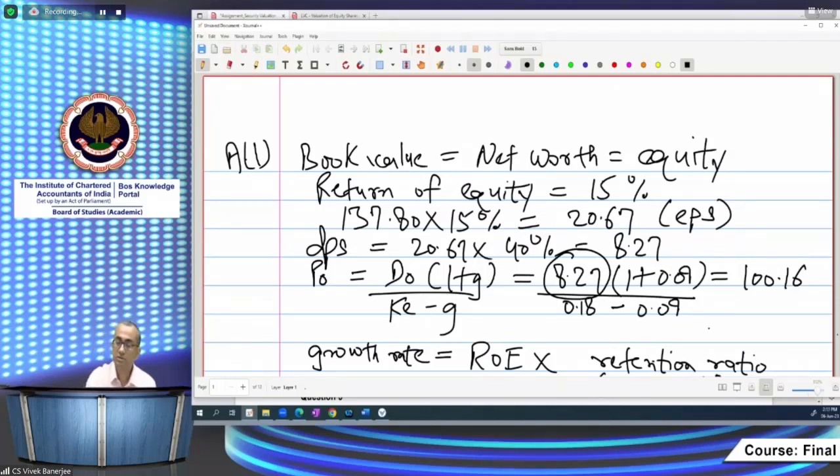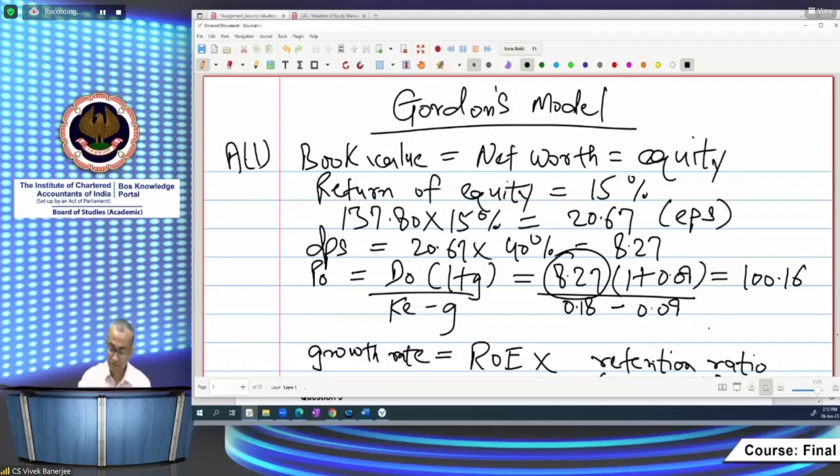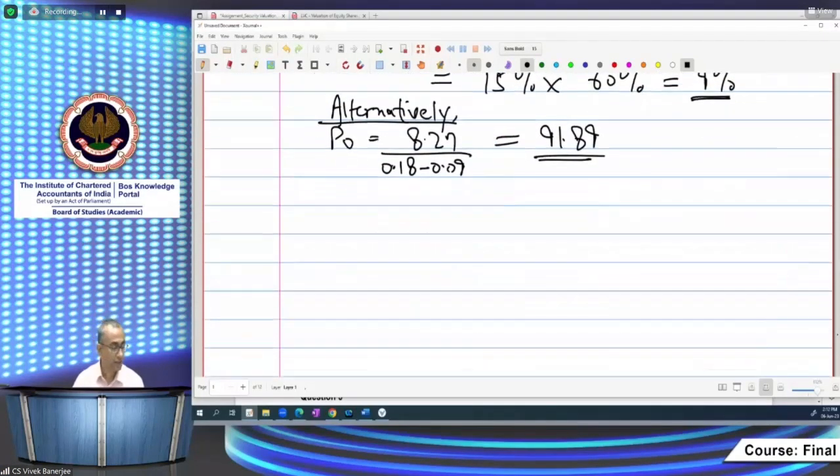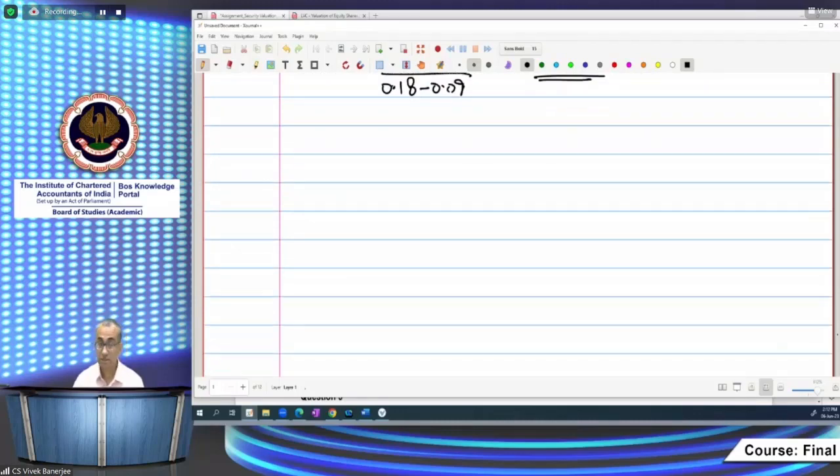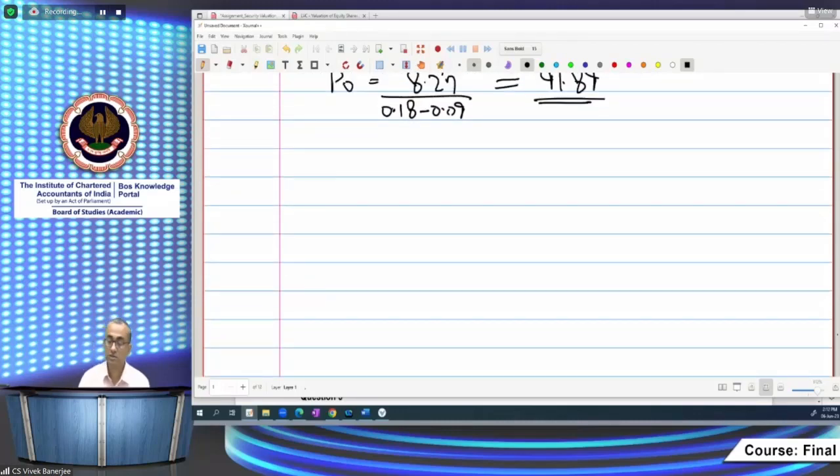This one is Gordon's model. Now it is given in the question that you have to calculate it by Walter's model also.